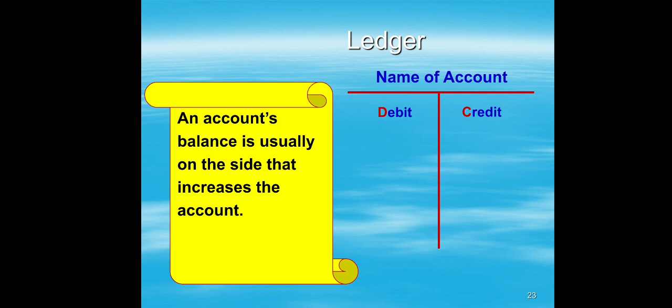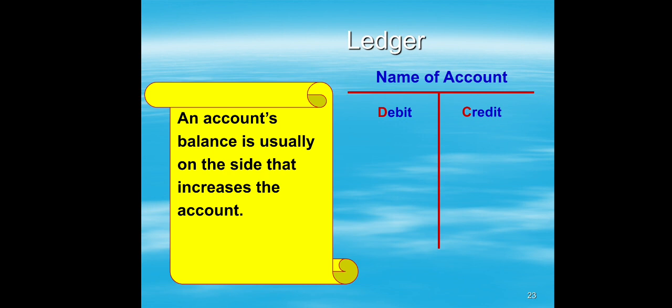I will show you how to do that later when I record a sample question or scenario of how to record transactions in the journal and ledger. But at this stage, you have to know that in the ledger there are many T accounts.